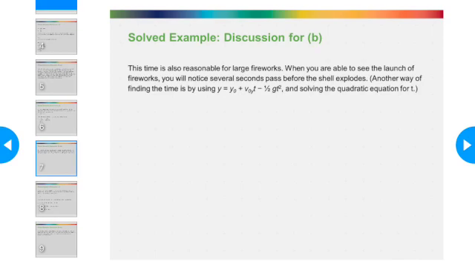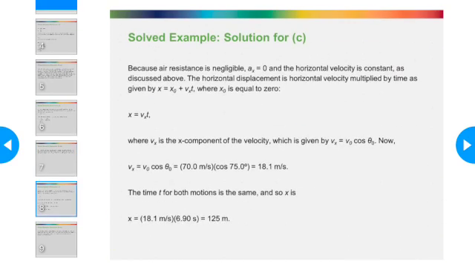I'm kind of skipping over the slide because it just talks about formula usage, but it's not one we're going to use for this one because we are now looking at the horizontal side of it, which means really we're just looking at x equal to x naught plus vx t. A couple things we know, x naught is 0 because it starts at a position of 0.